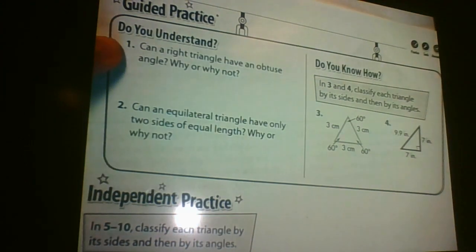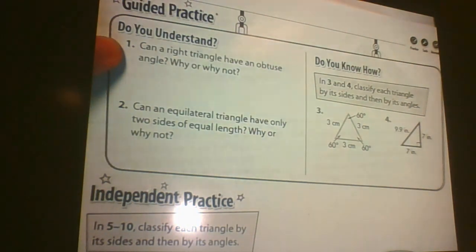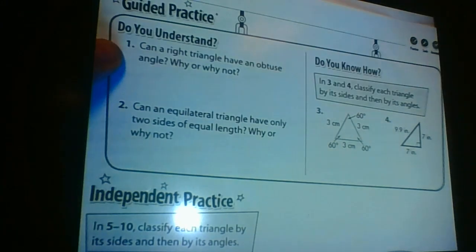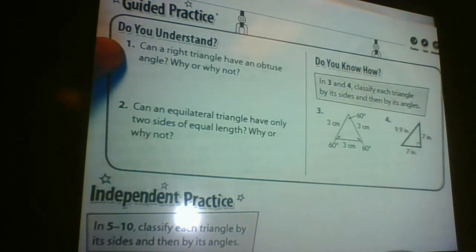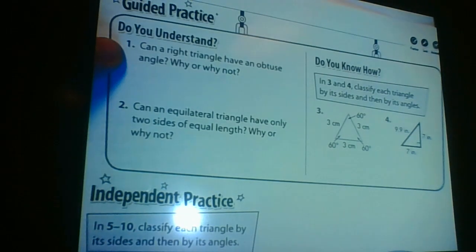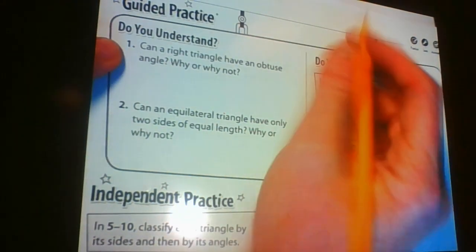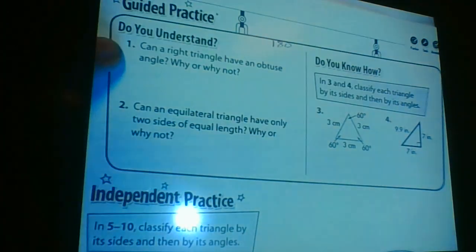Can a right triangle have an obtuse angle? Why or why not? Well, we can look at this in a couple of different ways. And the way I'd like to look at this is through math. What is the total amount that these angles can add up to? Well, Mrs. Sirota just told you that the total amount these angles can add up to is 180 degrees.